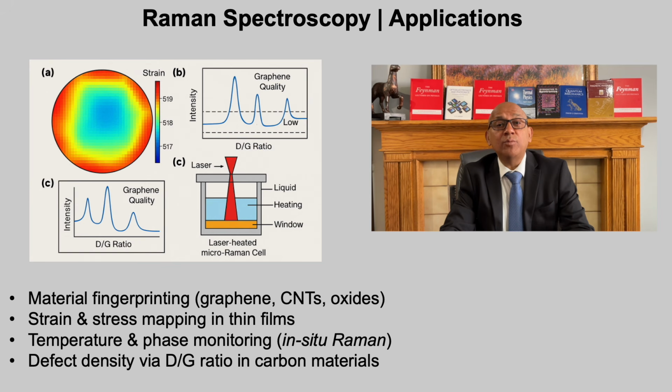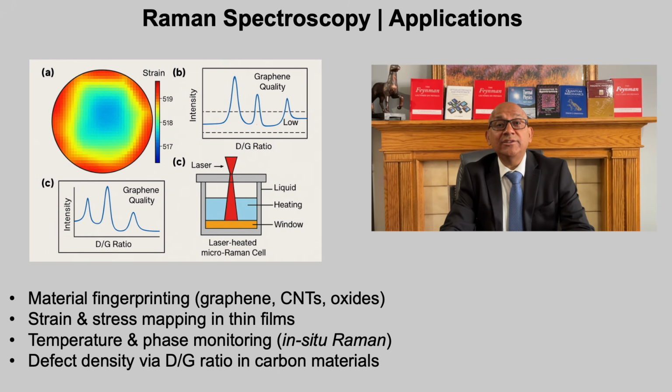Raman spectroscopy is among the most versatile analytical tools in nanoscience. In carbon systems, the D and G bands quantify defect density and ordering. In semiconductor or oxide thin films, Raman peak shifts reveal local stress and phase changes.